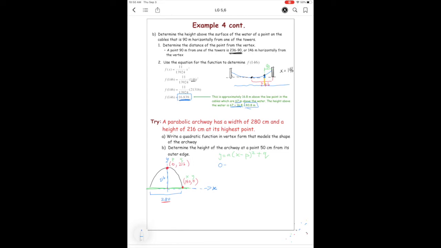We're going to plug and chug now. So we have Y is 0. We don't know what A is, that's what we're going to find out. And Q is, now we're going to do some algebra. So we got 140 take away 0, and then we square it.